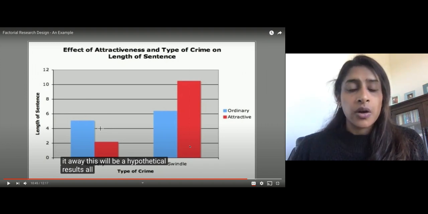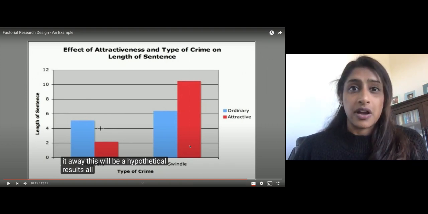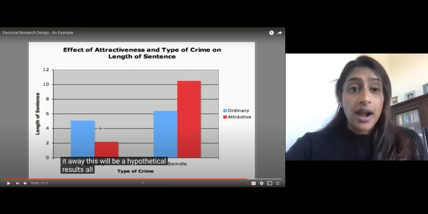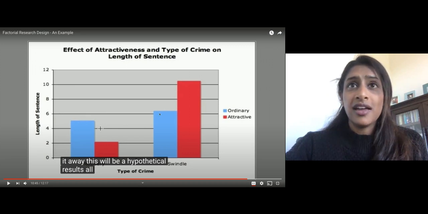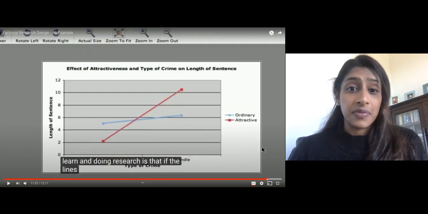But now is where we see if there's a relationship between each of our independent variables. And this is known as an interaction. So what I would suggest you do is you make a little dot here and a little dot here, and you connect that line. Then you make a little dot here, and a little dot here, and you connect that line. When you do that, you end up getting something that looks like this.